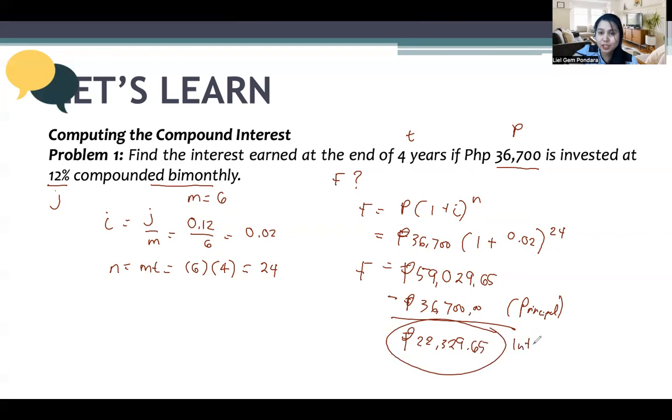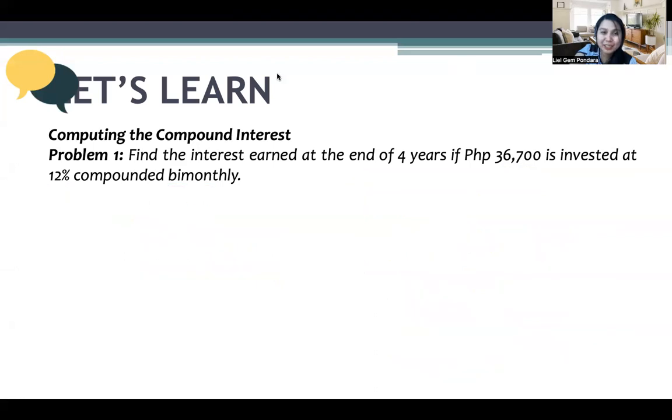This is the interest earned on your investment at the end of 4 years. Imagine if this is a loan, that's not practical for me, frankly speaking. Any questions? No questions?